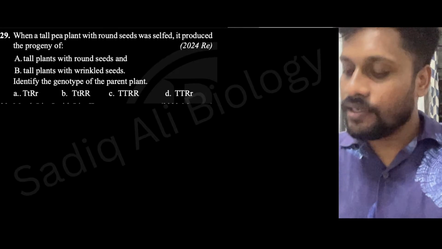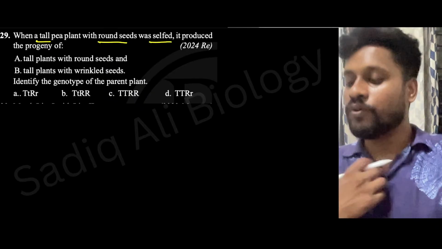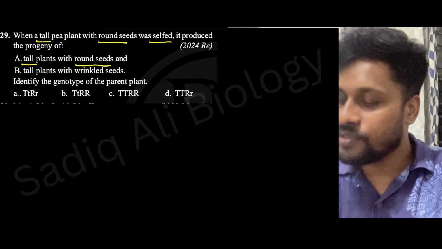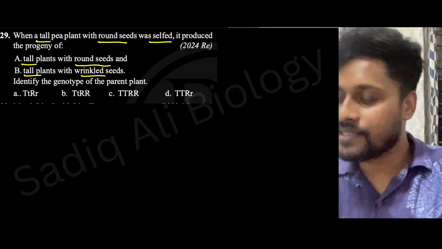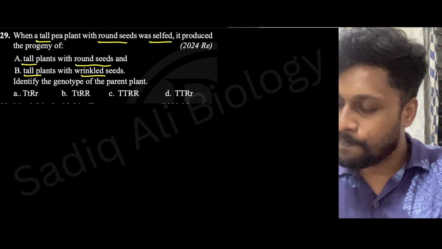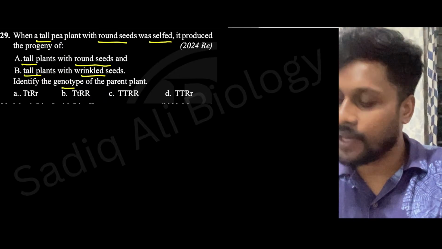Here they have mentioned tall as well as round, then selfed. We don't know their genotype, but we are getting tall and round seed, tall and wrinkled seed. If that is the case, how can we identify the genotype of the parent plant?